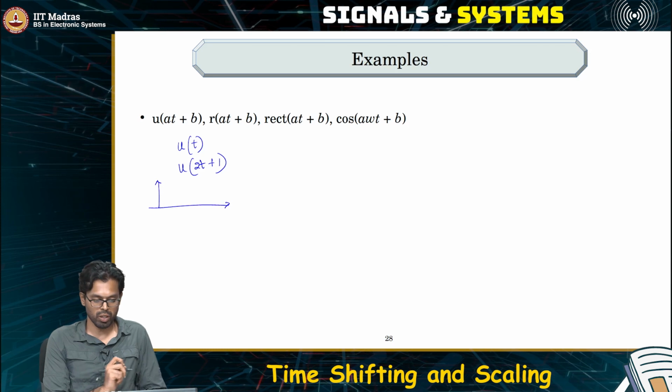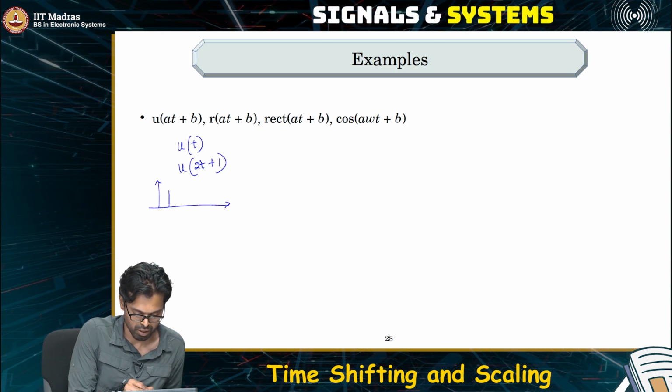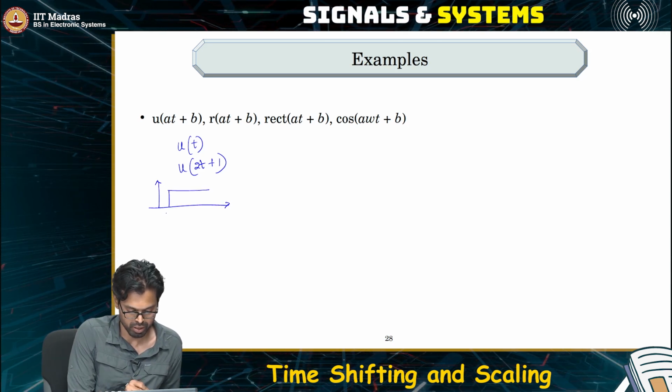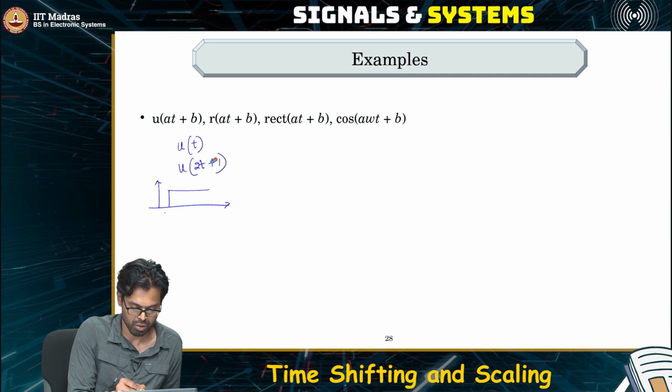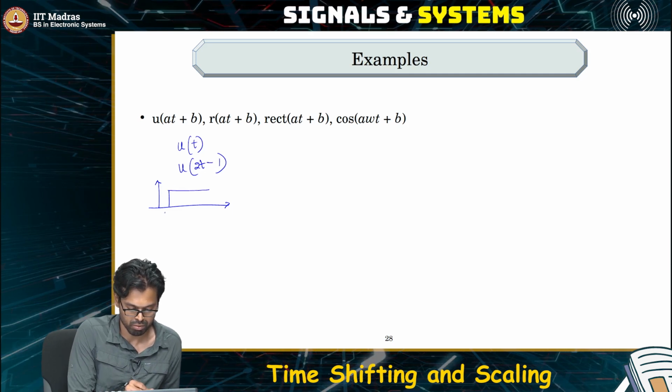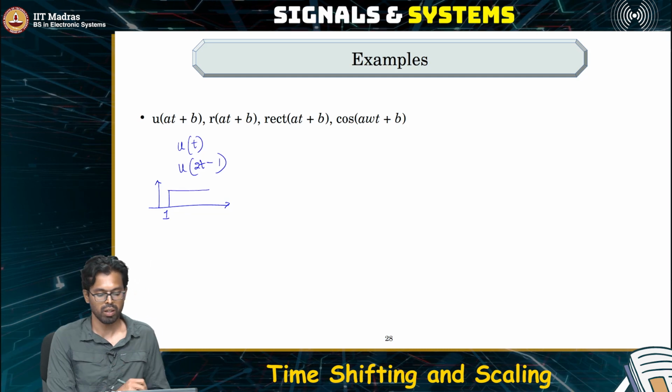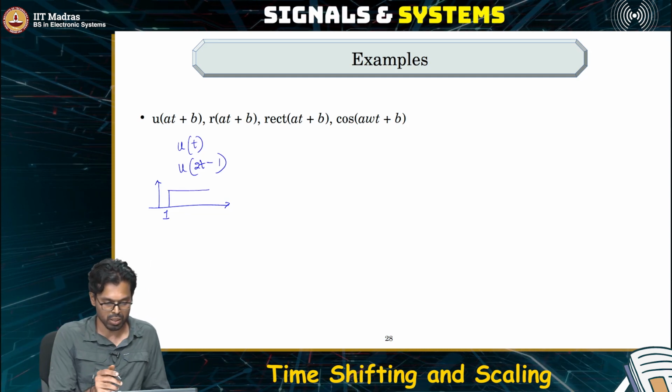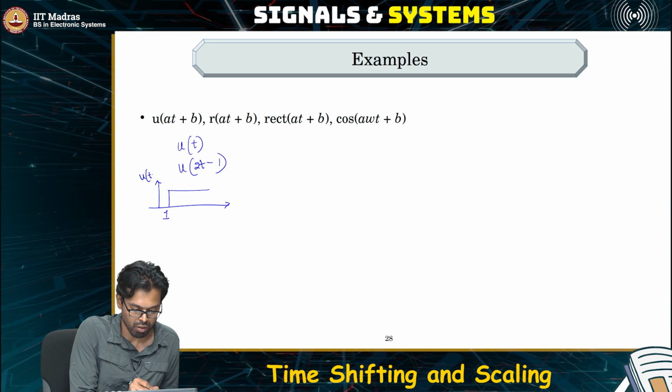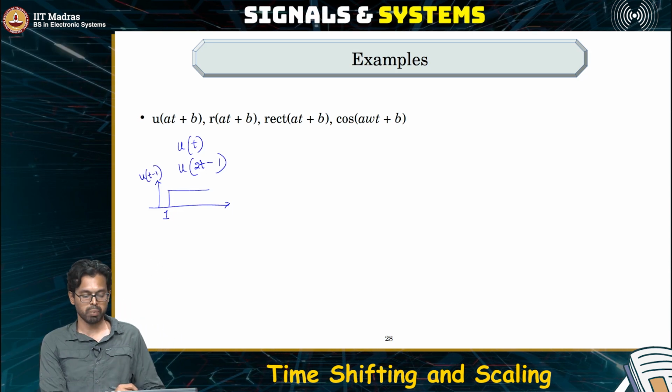Now let's do the shifting operation first. Okay. So we did the shifting operation first. So this has, okay, I'll make this minus 1. Okay. So minus 1 means it moves to the right. So this is u of t minus 1. Okay.